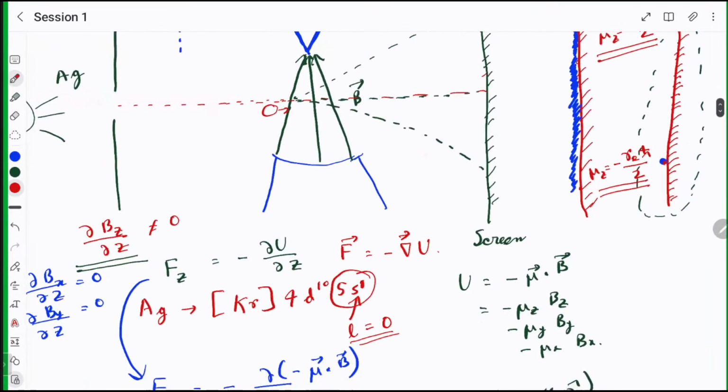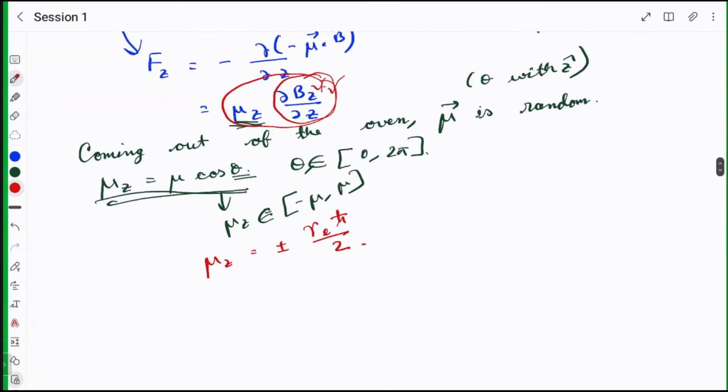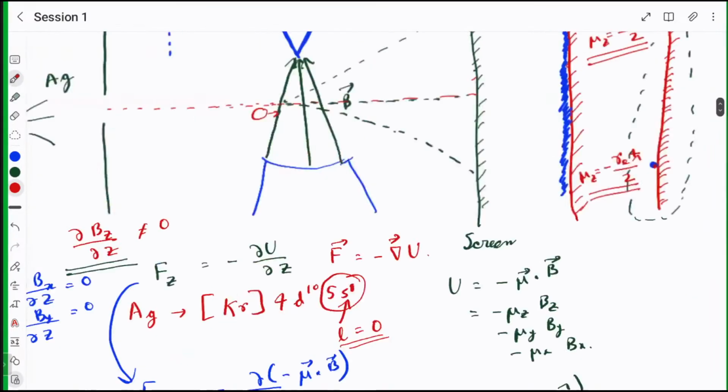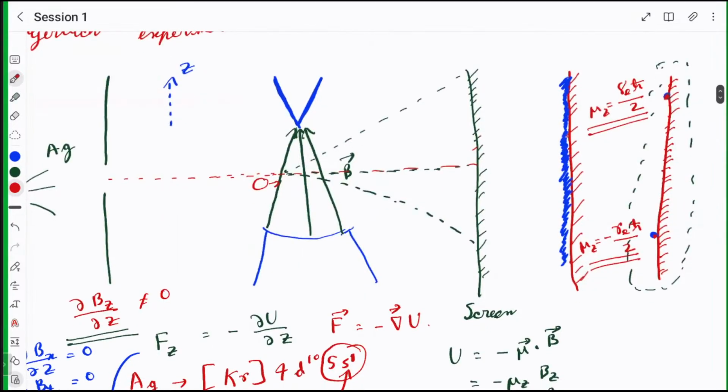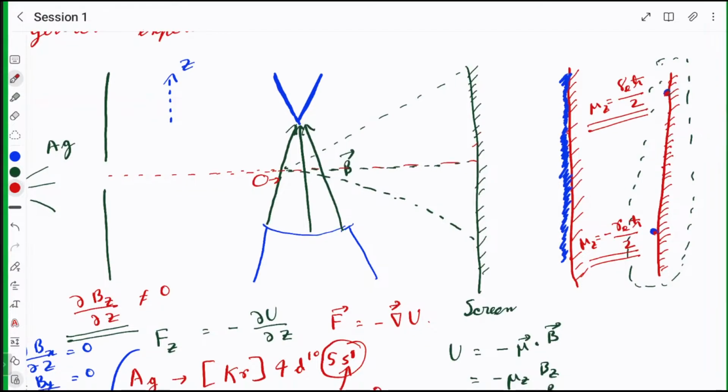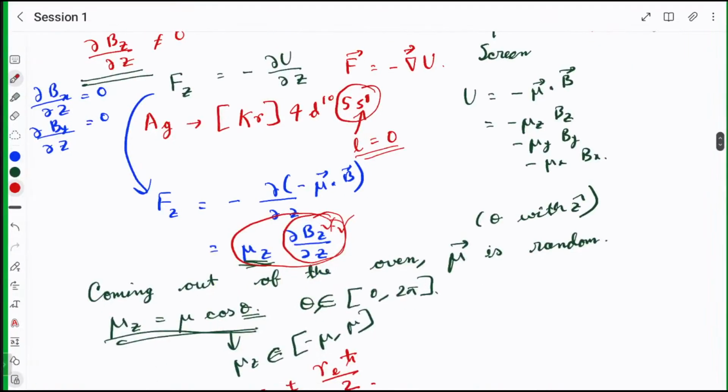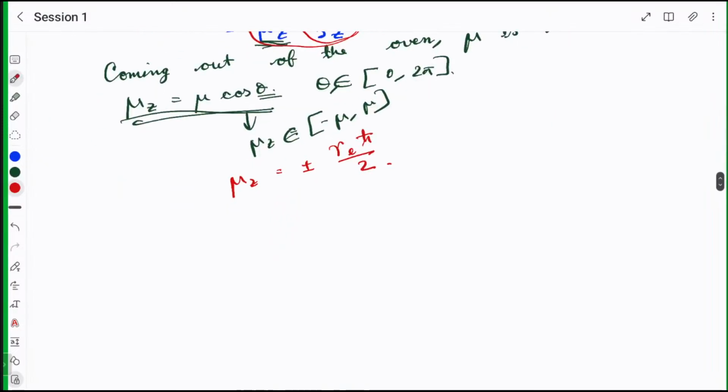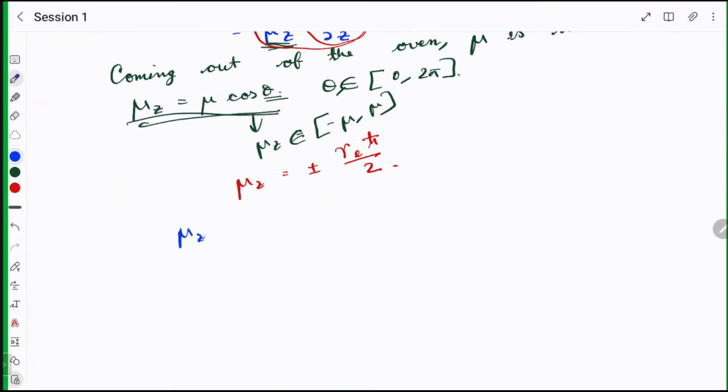Till now, any questions, queries? Okay. So what this tells us is that mu z is quantized.